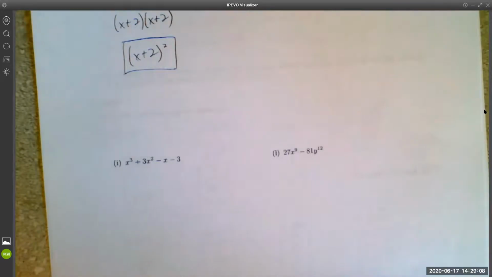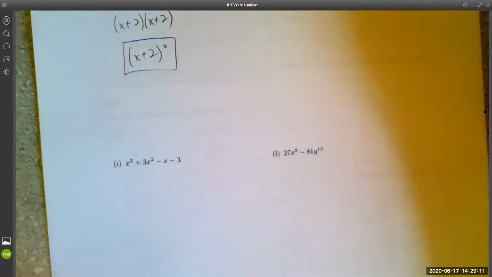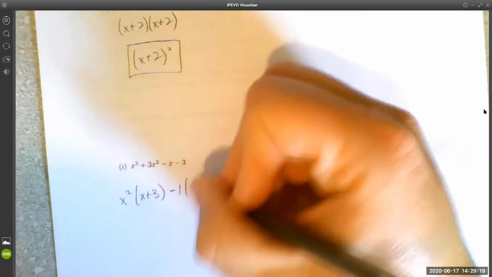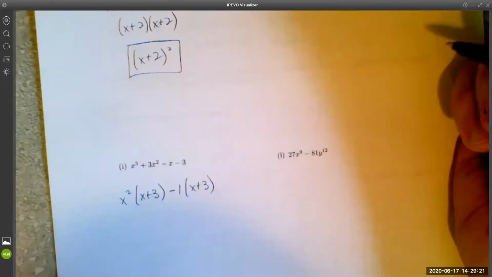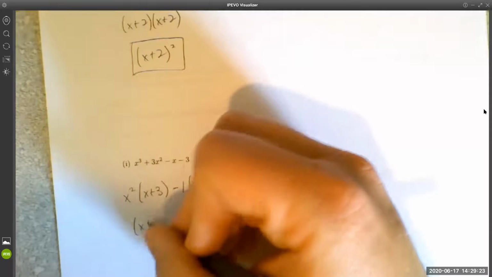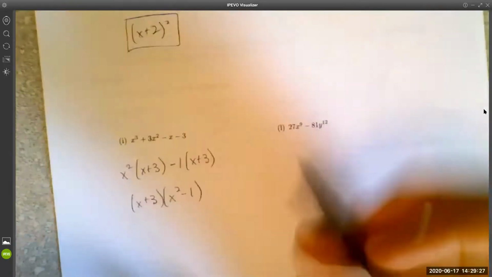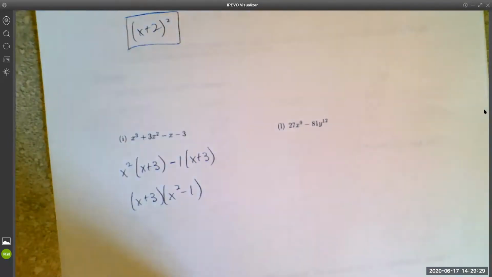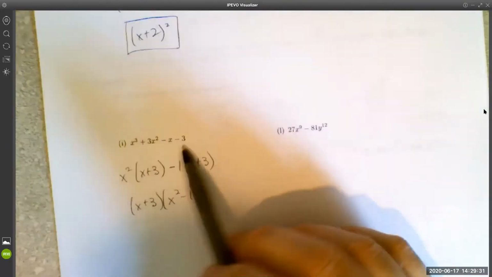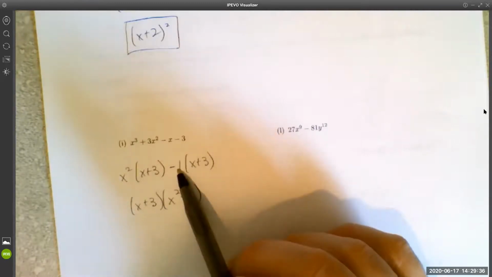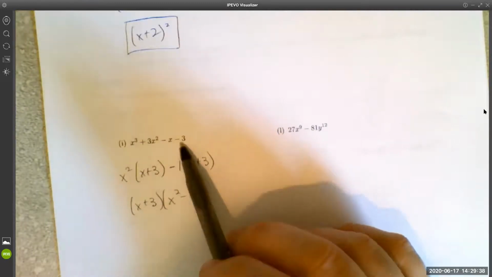Part I. Okay, I'm going to factor by grouping. When I've finished, just be careful with the negative sign here, right? From this second group, I just factored out a -1, and so then you're left with a positive x and a positive 3.